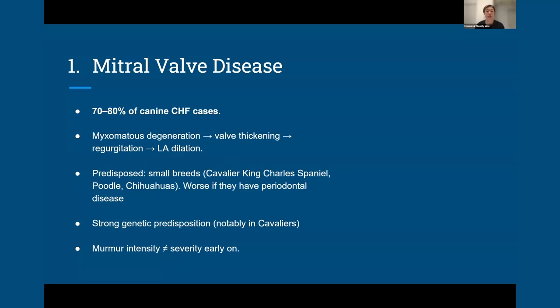Those are all breeds that will be more predisposed, and there's a strong genetic predisposition as well. But it's very important to note how loud the murmur is. If you remember, there are 6 grades of murmurs. The murmur intensity does not equal the severity early on in the disease.